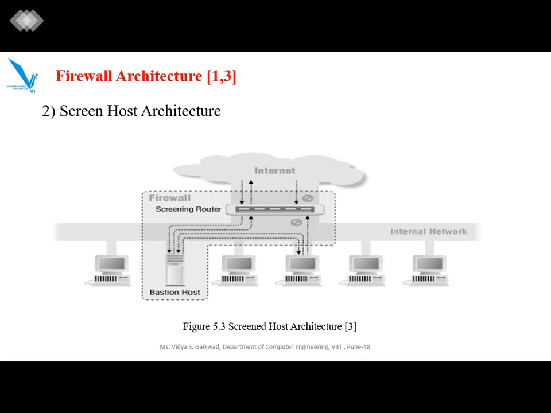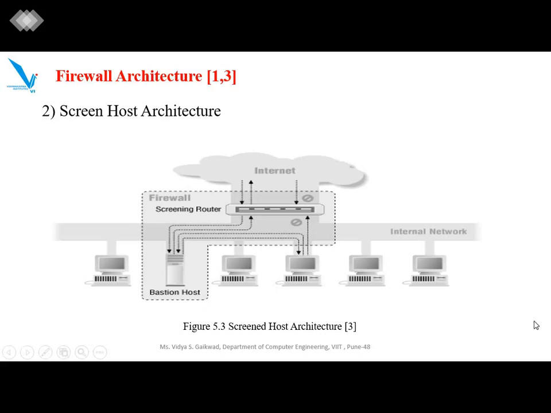If any external computer wants access to the internal computer to use some services, it has to first connect to this bastion host. This bastion host is responsible to maintain a high level security for the other hosts, right?